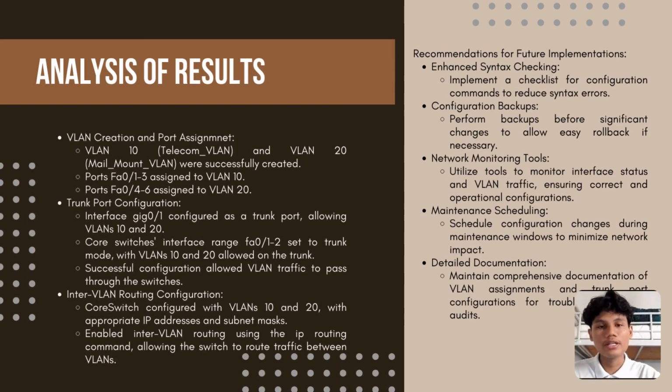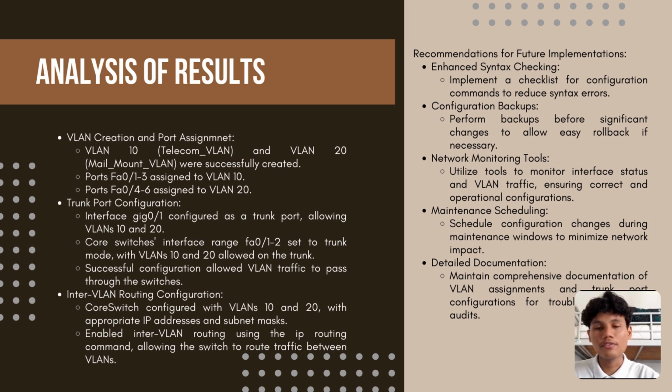Next, I will talk about the analysis of our result. Based on the result of our testing, we successfully created VLAN 10 and 20, assigned to FastEthernet 0 to 3 and FastEthernet 4 to 6 respectively. This was confirmed using the show vlan brief command. We configured trunk ports on interface GigabitEthernet 0/1 and the core switch's FastEthernet 0/1 to 2, allowing VLAN traffic for VLAN 10 and 20.